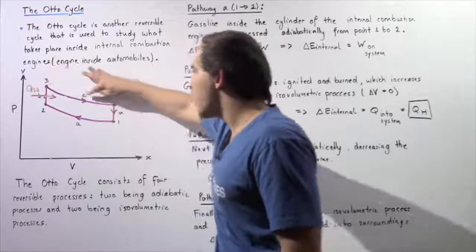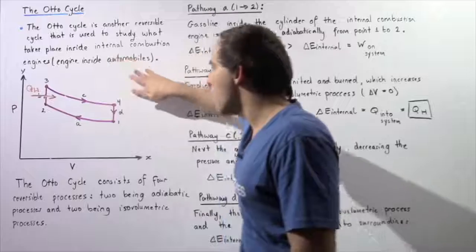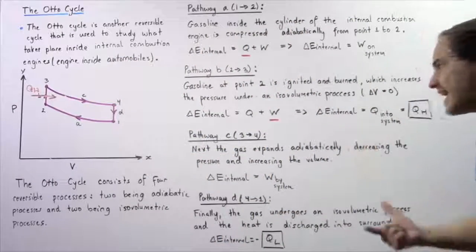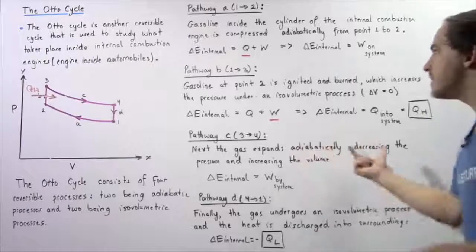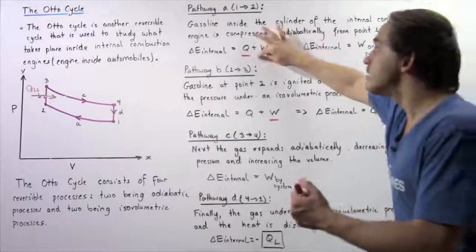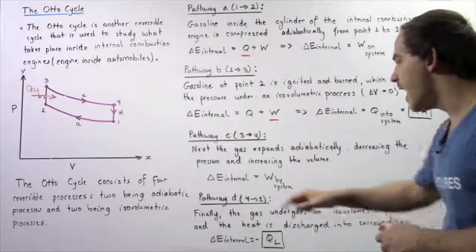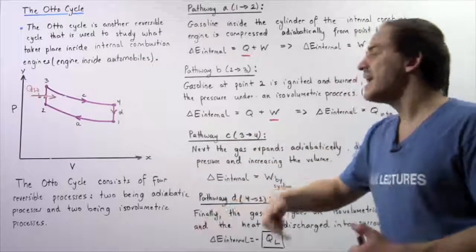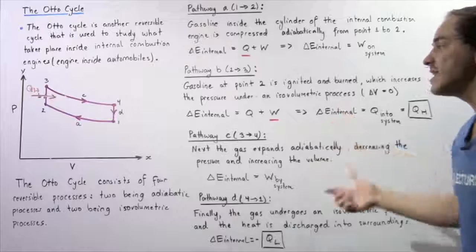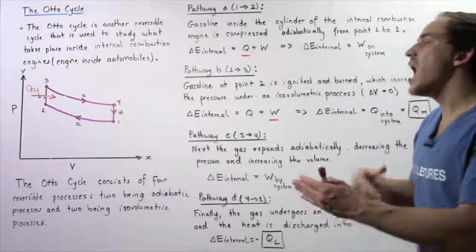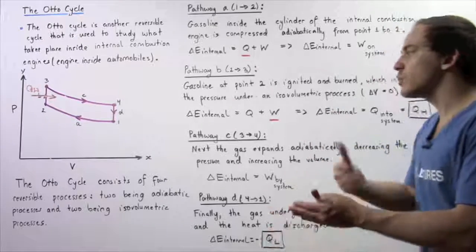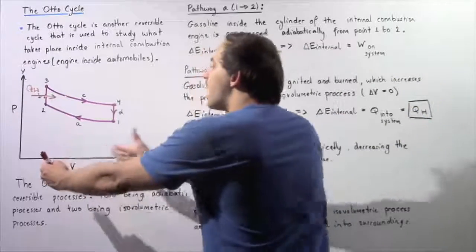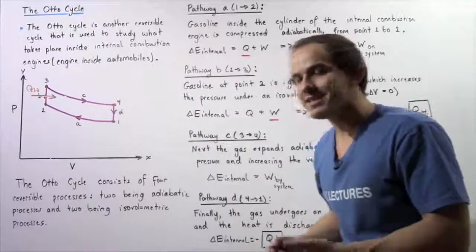Our pressure drops as we go from 3 to 4 and our volume increases. Once again, because we're dealing with an adiabatic expansion, Q is 0. That implies the change in internal energy of our system is equal to the work that is done by our system on the surroundings. The reason the work is done by our system is because our volume increases.